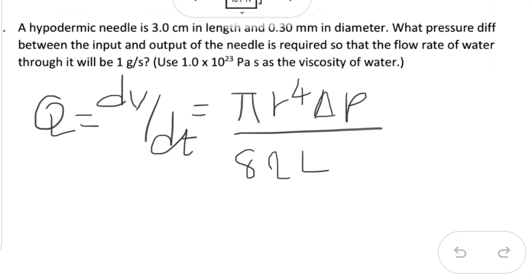So the first step will be to convert this flow rate from grams per second to cubic meters per second. Now let us write down the data that we have, then find an expression for the pressure difference and substitute these values, and we should be able to evaluate the pressure difference between the input and the output.